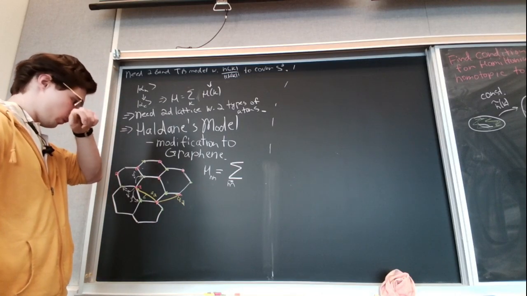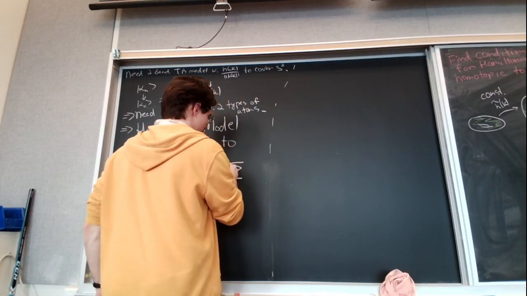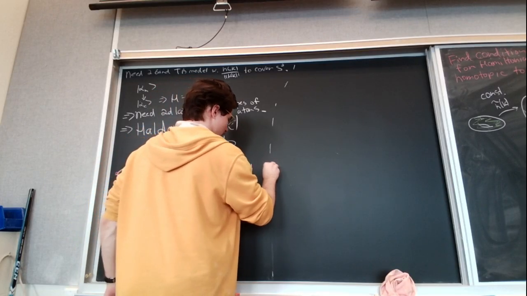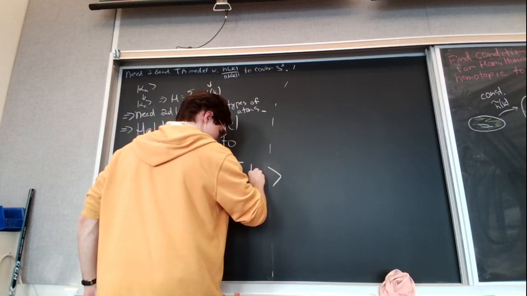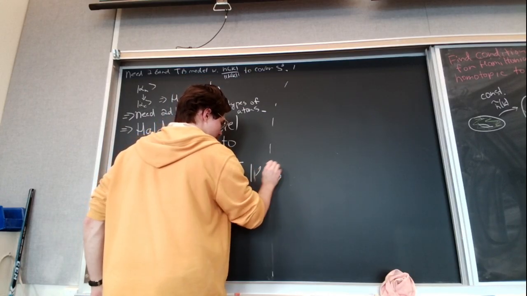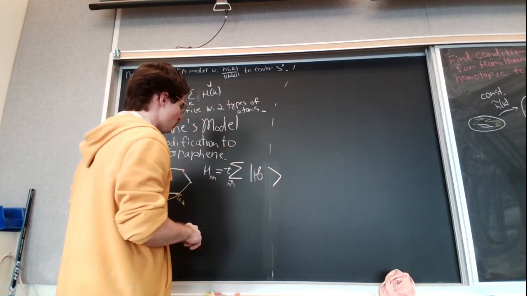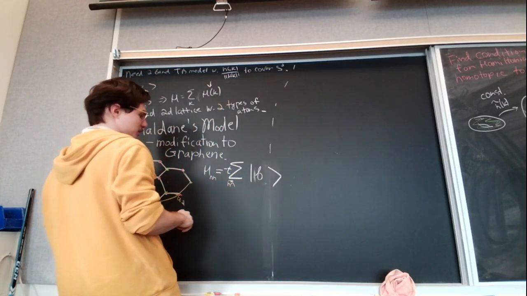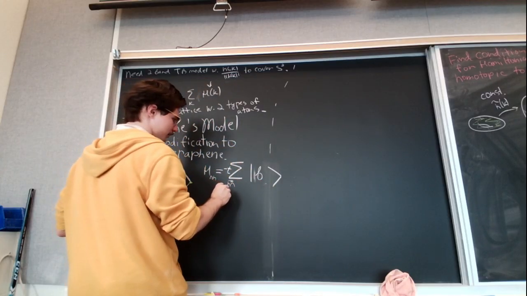And I'm going to allow hopping with some amplitude minus t into the B site atom, at position in the unit cell.